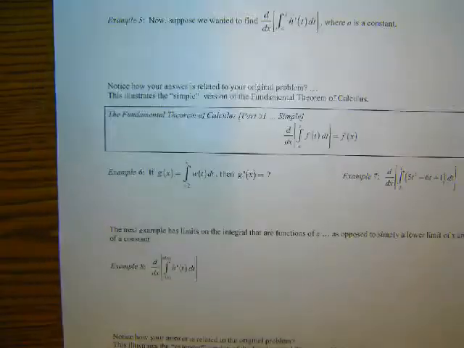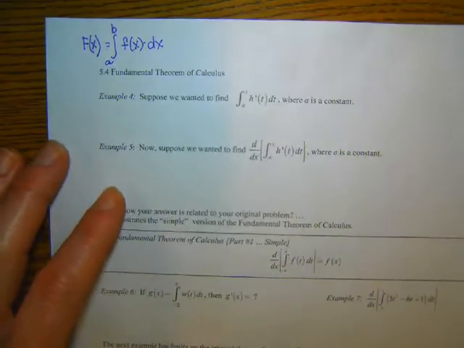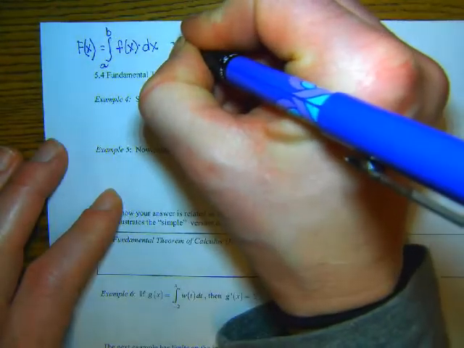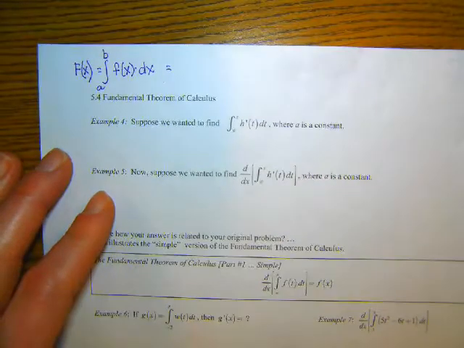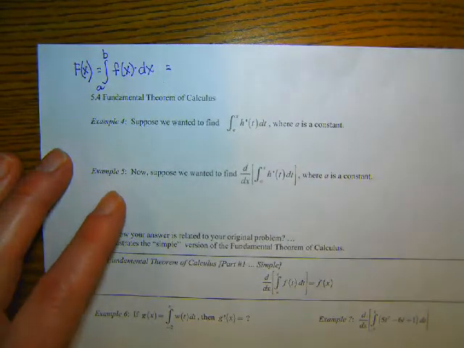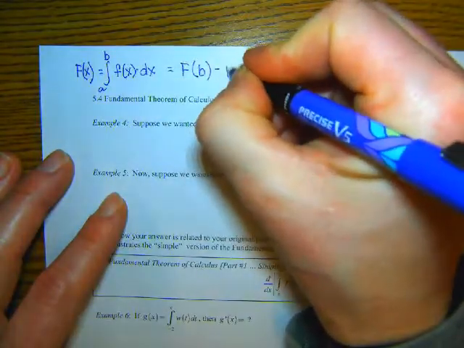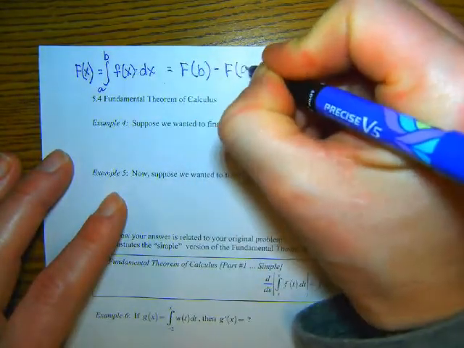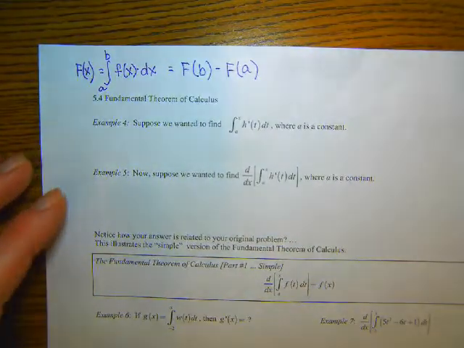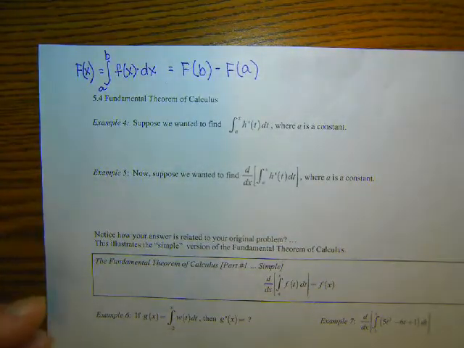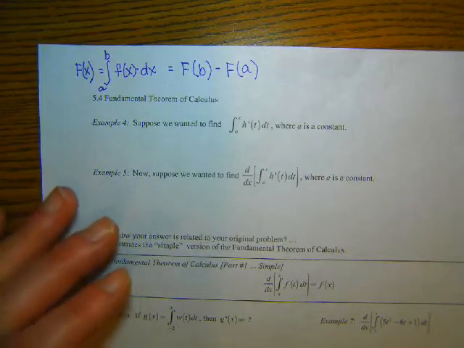So what did we learn yesterday? If I wanted to evaluate this definite integral, what would I do? Capital F of this value minus capital F of that value. So basically, we reverse the process of integration. We call it an antiderivative.